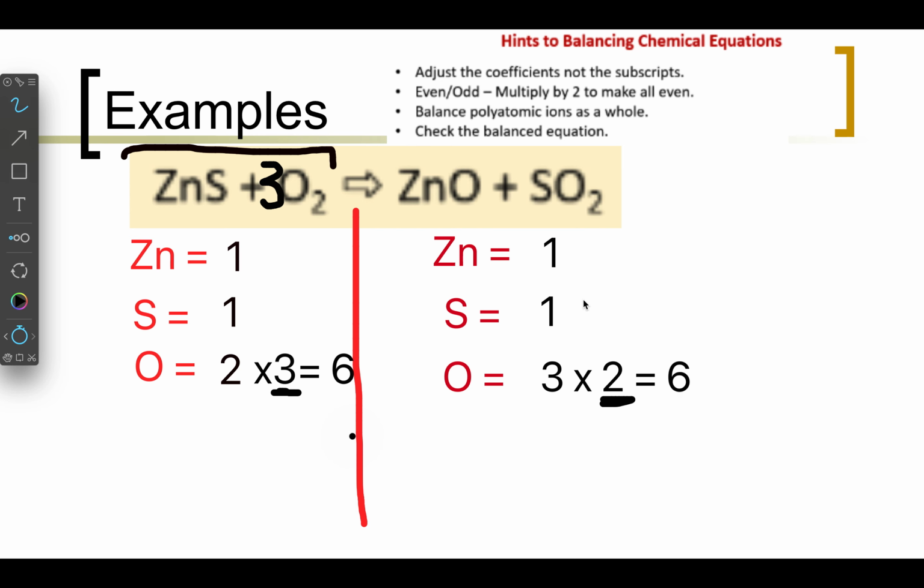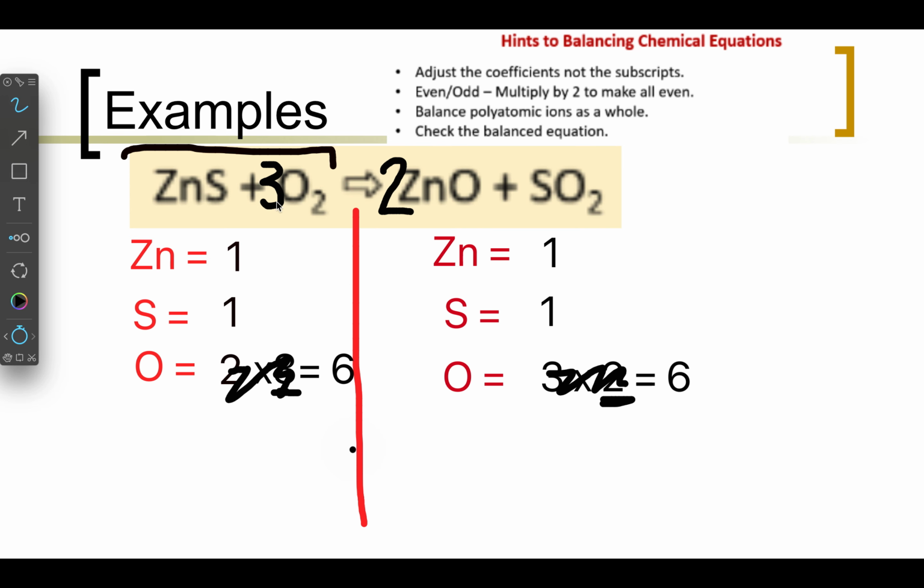It doesn't matter. It's usually better to put it right in front of this, but we might have to change things. So we're going to put the 2 in front of here, right? So now we're doing pretty good. We have 6 over here and 6 over here.